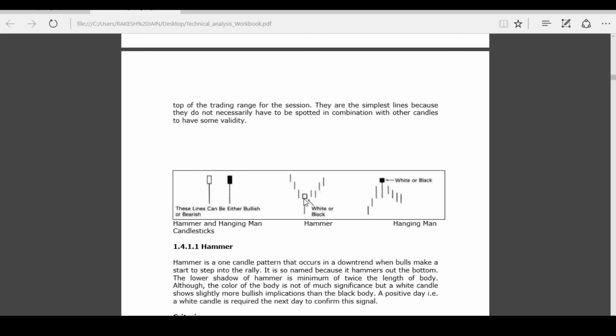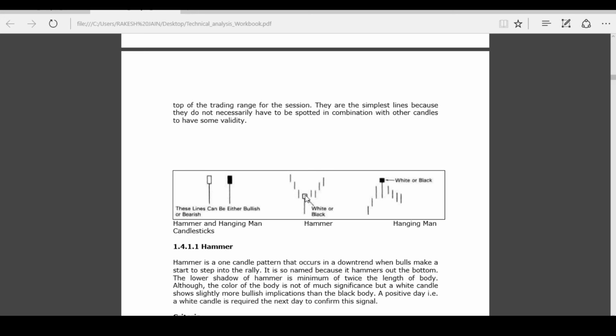The opening, say, of the stock was here. The opening was 212. After the stock opened at this zone, the low was at say 186. This is the 186. This is 212. After that, the stock closed around, say, 225.